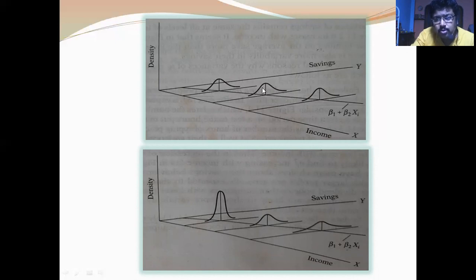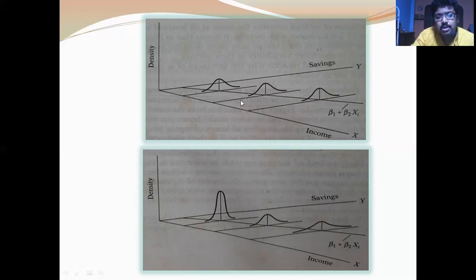In the same way, in the case of income x3, the variance is the same. This variance in y, that means the variance in savings, is due to the error term, the disturbance term, and this is normally distributed with constant variance. So this is the constant variance.